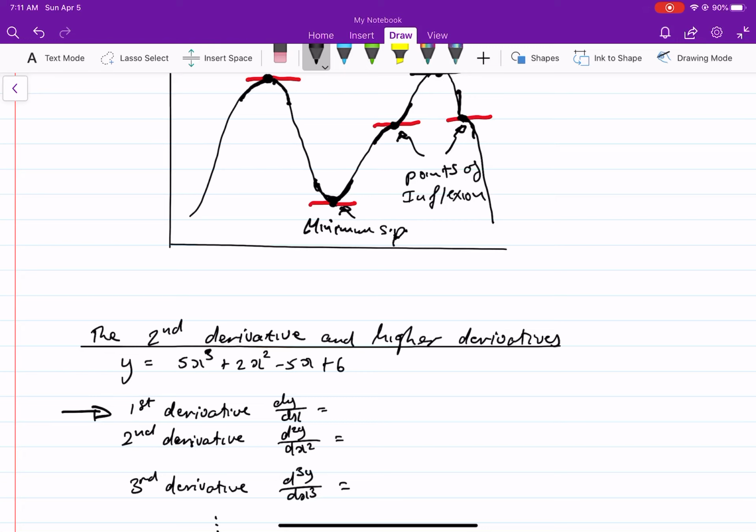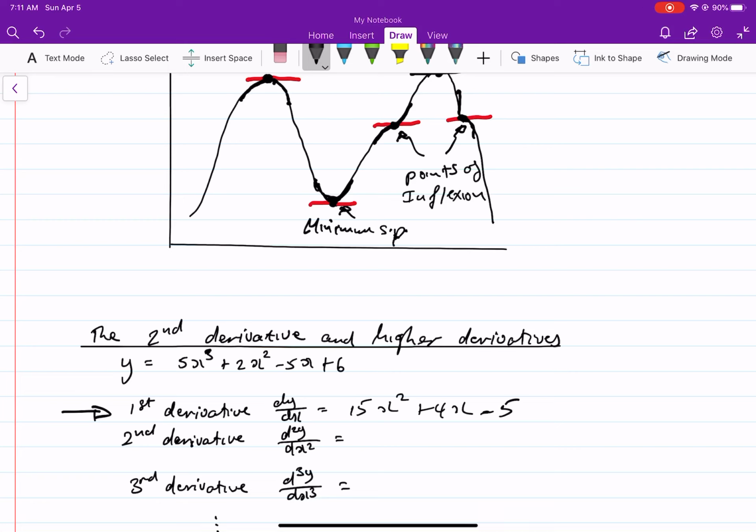But you can also call it your first derivative. So let's look at that function that we have there. y is equal to 5x cubed plus 2x squared minus 5x plus 6. If we differentiate that once to get dy dx, the result there is what? 15x squared plus 4x minus 5.